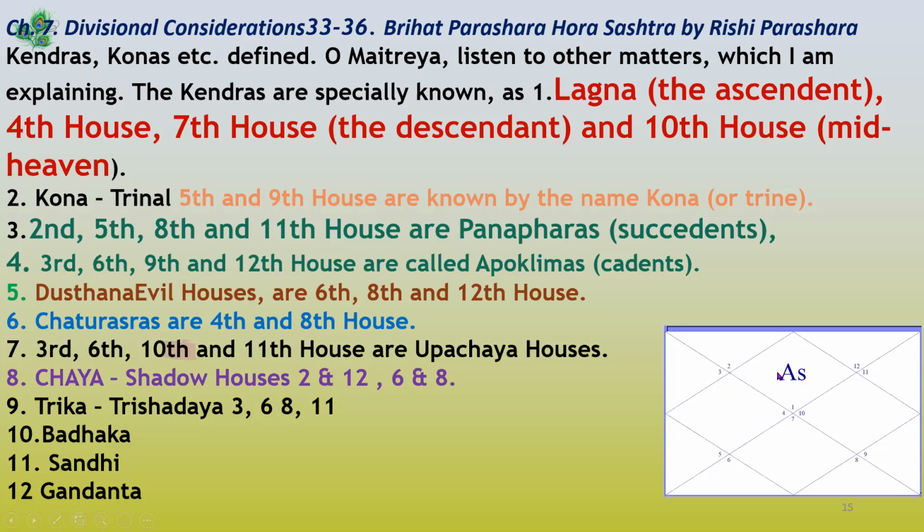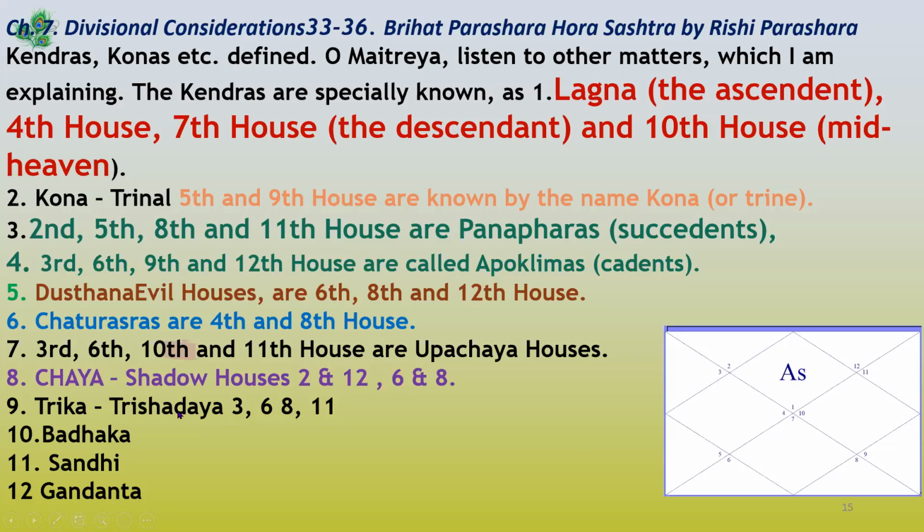If you're sitting here, you can't really see someone there. So these are our shadow houses. I will speak about it in much more detail once we go through each of the houses in depth.